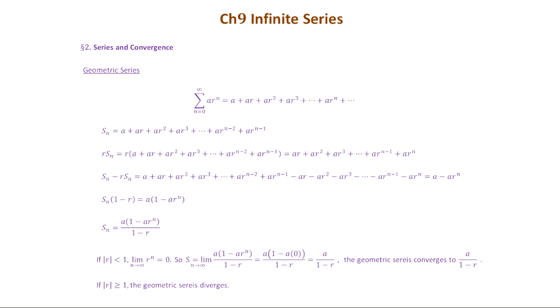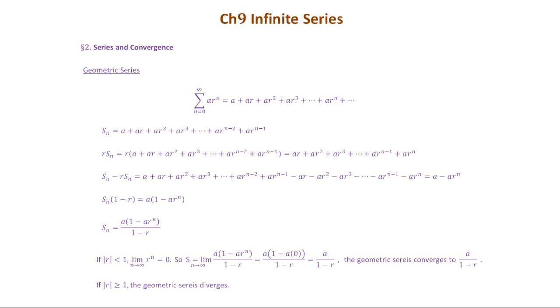So you get a plus a times r plus a times r squared plus a times r cubed, up to a times r to the n minus 1. Remember, the first term starts with n from 0, so the nth term will be r to the n minus 1, not n.